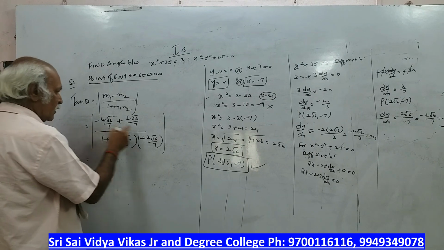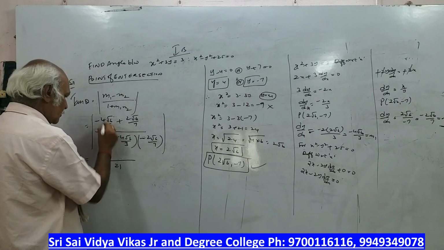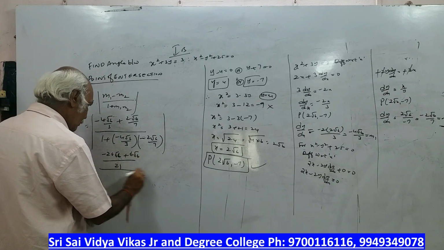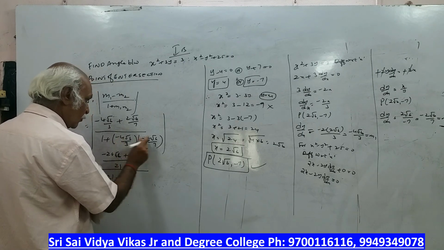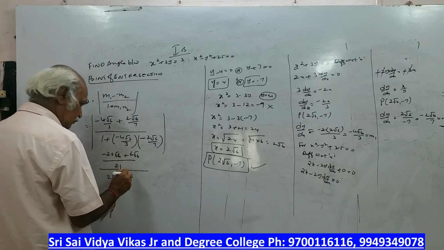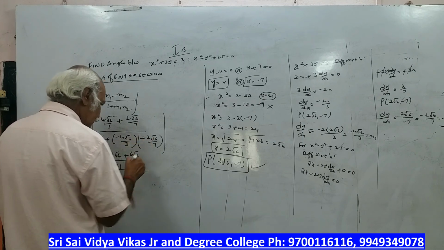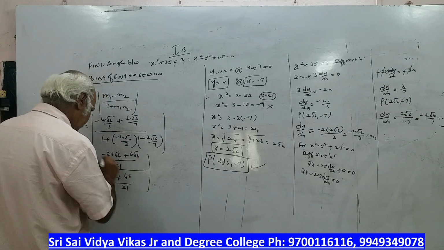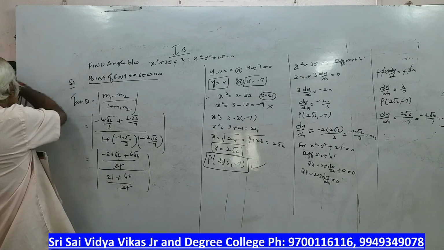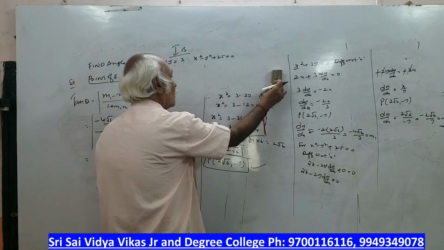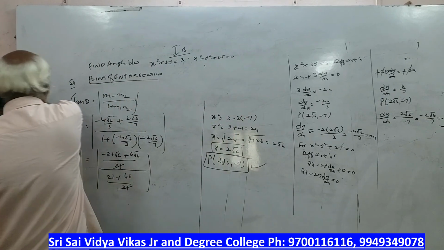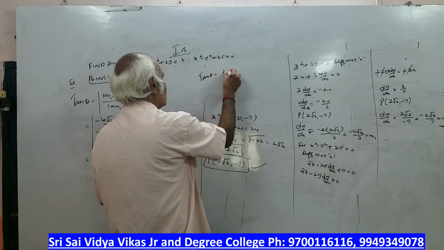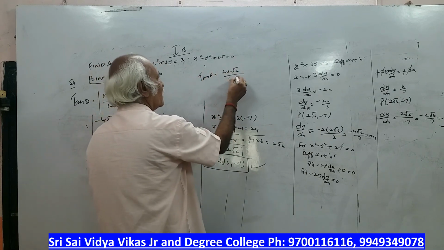So what will happen? 21 is the LCM in the numerator, so this becomes minus 28 root 6 plus 6 root 6, by LCM 21, plus 4 into 2. 4 into 2 is 8, root 6 into root 6 is 6, 8 into 6 is 48, by 21. Cancel 21. So with the modulus, tan theta is equal to 22 root 6 by 49.